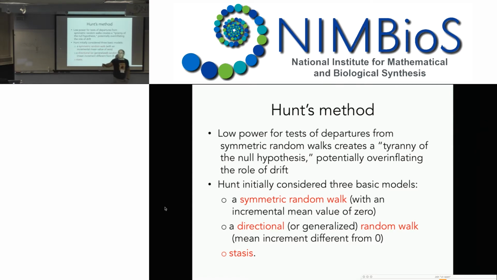So each of you is a fossil sequence. I'm comparing you. If the power to reject a neutral random walk is low, it means I'll include most of you as being consistent with a random walk, even though biologically it may not be true. It may simply be because I've got low power. So I have the tyranny of the null hypothesis.